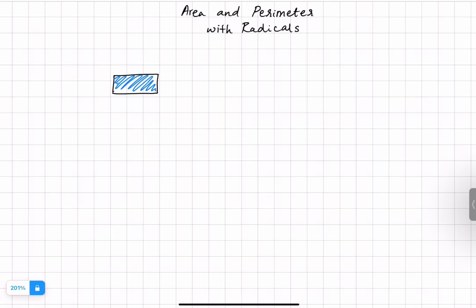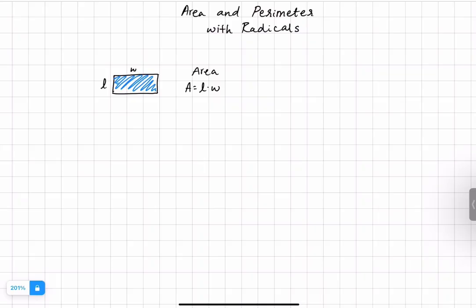So the formula for the area of a rectangle is area equals length times width. So this is the length, this is the width, or it could be that this is the length and this is the width. It doesn't matter.